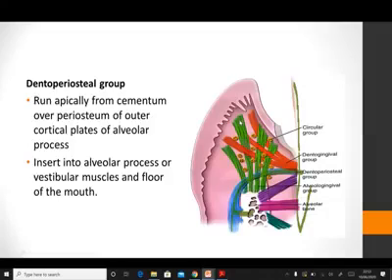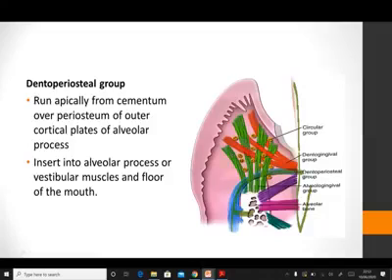Then we have the alveolo-gingival that originates from the alveolar crest and radiates into the free and the attached lamina propria. Then we have the dento-gingival that originates from the cementum on one side and then radiates into the lamina propria of both free and attached gingiva.